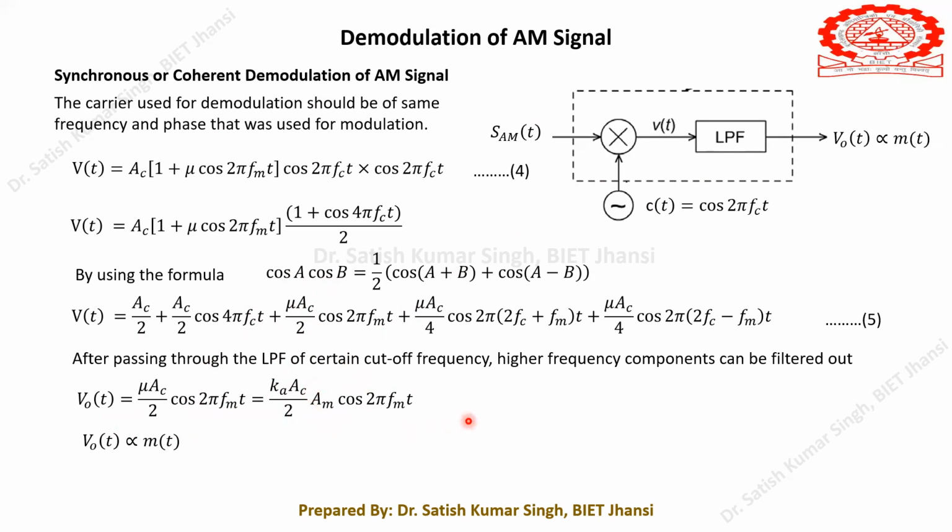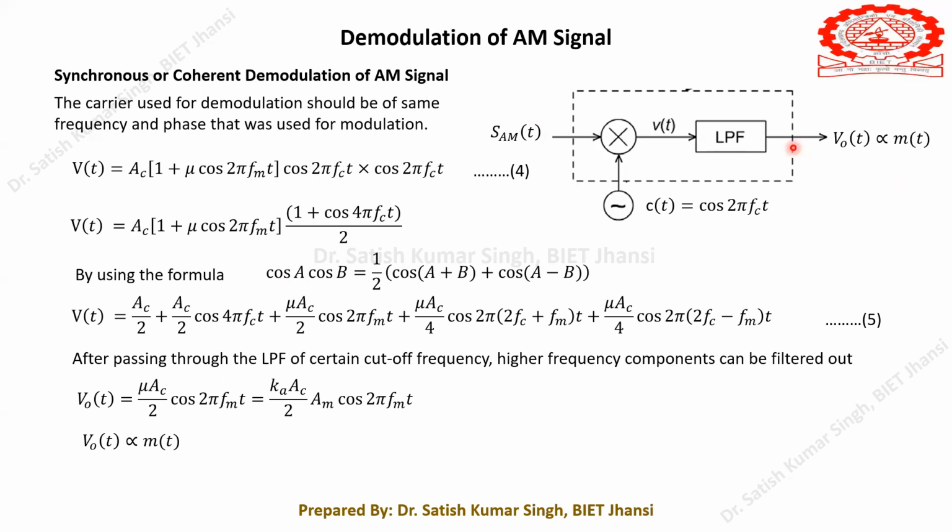So what we can say is there is an additional factor coming into the output, which is Ka Ac by 2. You remember that the output of the low pass filter is proportional to our message signal. This is what we wanted.